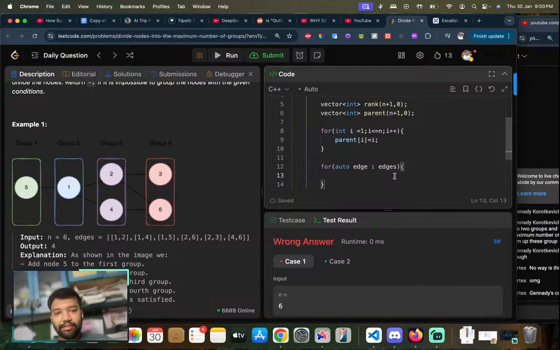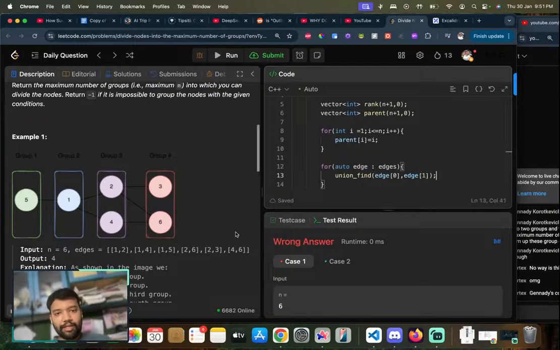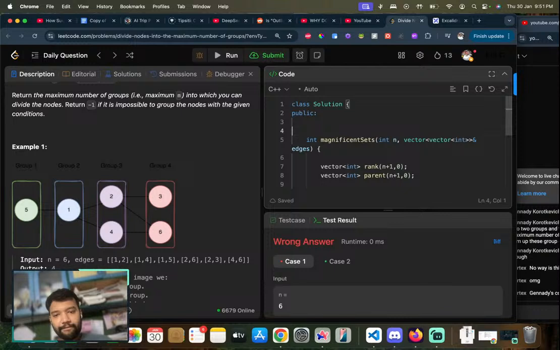So the DSU. Okay, so I have an edge, and for every edge, I'll do union find of edge of 0, comma, edge of 1. Now let us write the find parent. Find parent of node.